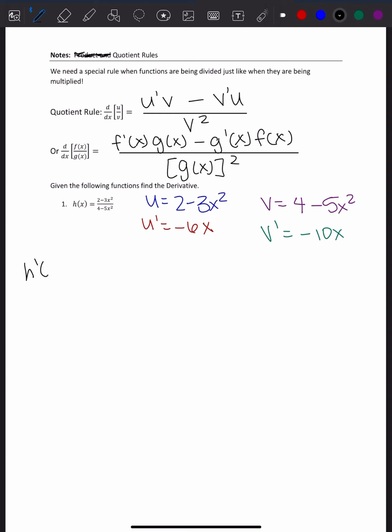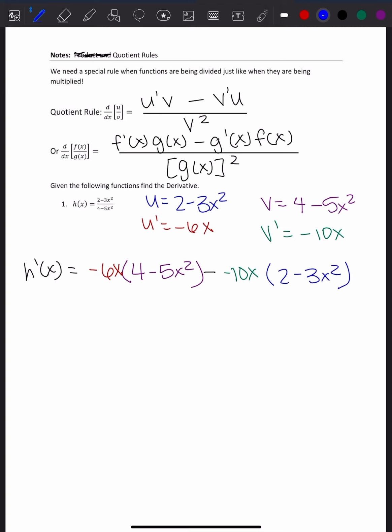So I have h prime of x equals u prime, so negative 6x, times our function v, so 4 minus 5x squared, I forgot to write the x, minus v prime, so negative 10x, times u, 2 minus 3x squared.